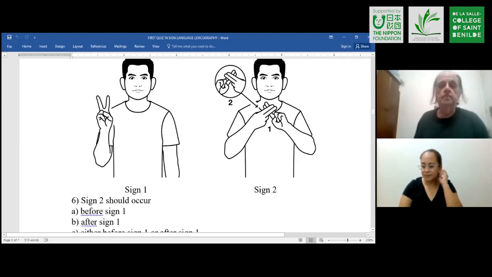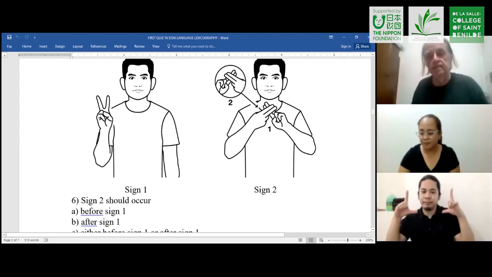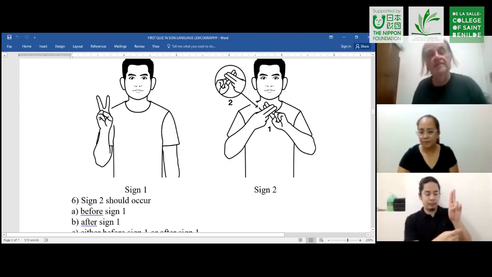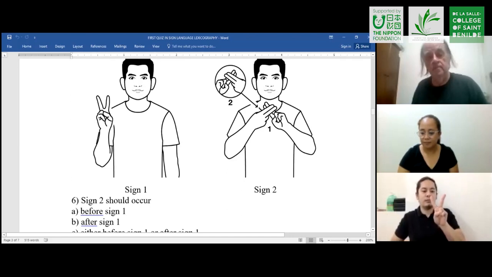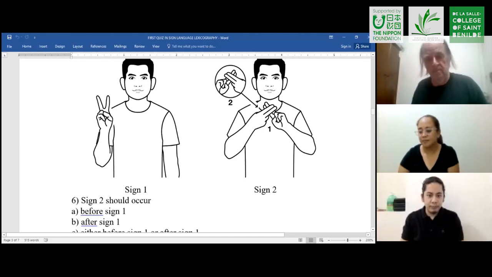The reason why I picked B, because obviously we put hand shape first, and then because of the hand shape U compared to the hand shape V, the U goes before B, or V rather. So that's why I answered B.